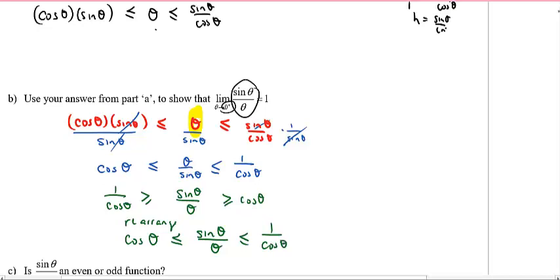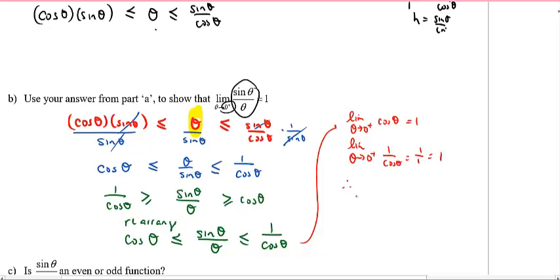Once again, why is this important to us? Now, I hope you can see, let's apply the squeeze theorem. If I ask you now to take the limit as theta approaches 0 plus of cosine theta, you got it, that's 1. If I asked you to take the limit as theta approaches 0 plus of 1 over cosine theta, you got it, that's still 1.